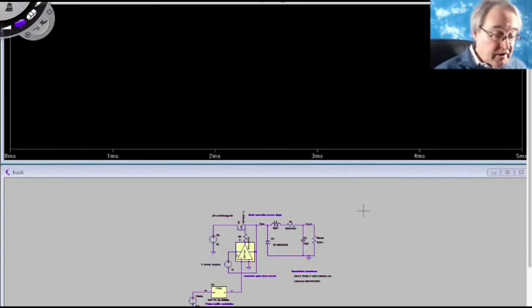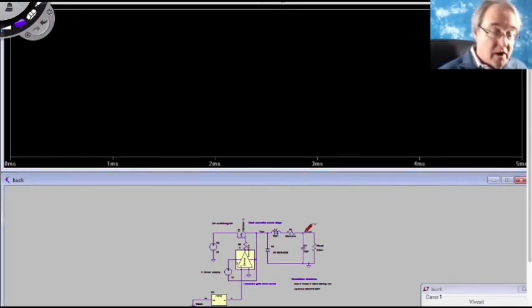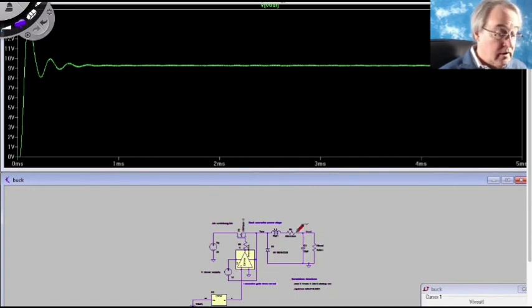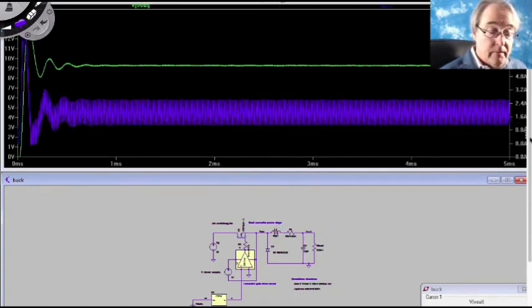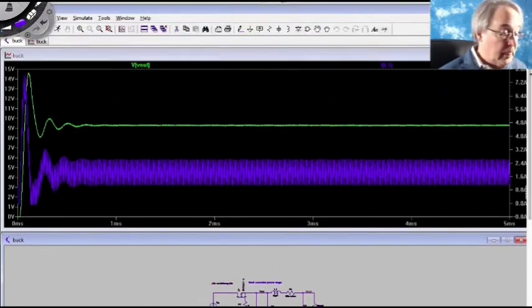One last point, let's look again at the complete simulation for the output voltage and inductor current. So I will again plot the output voltage, and we'll plot the inductor current. And this is a plot from t equals 0 all the way to 5 milliseconds, and you can see what happens during this turn-on transient.